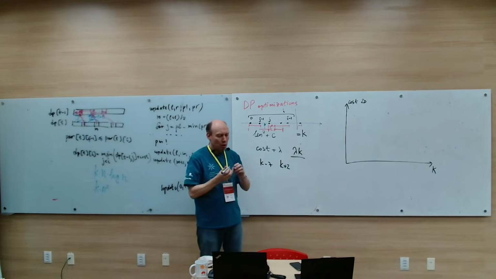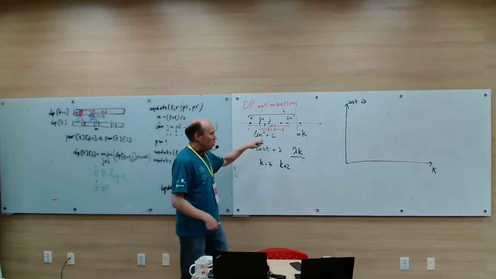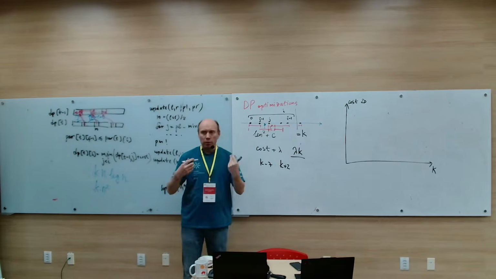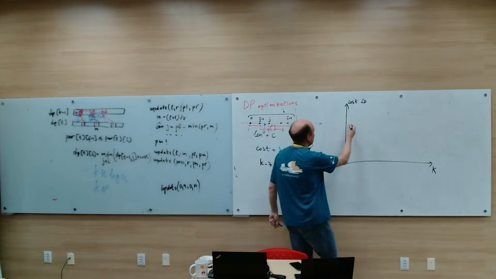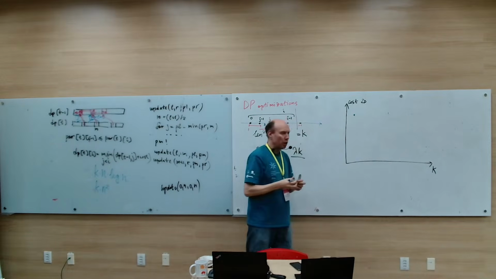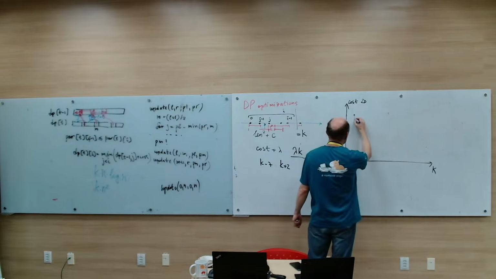Okay. So suppose that we're allowing one segment. Probably it will be some expensive solution like this. If we allow two segments, probably it will be a little bit cheaper.